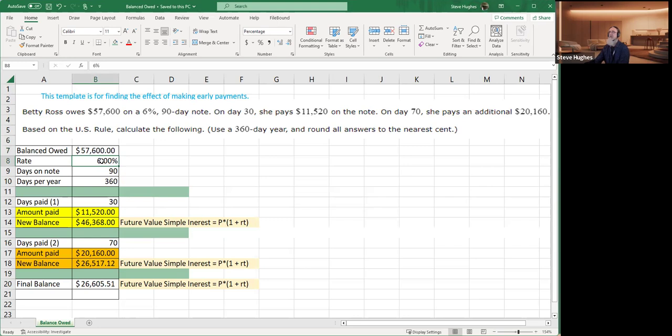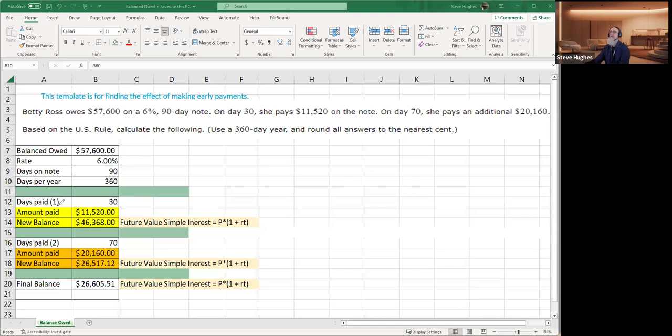Remember, everybody, this is an APR, an annual percentage rate. There are 90 days on the note, and there are 360 days per year, given the information that was told to us right above. That being stated, let's continue.